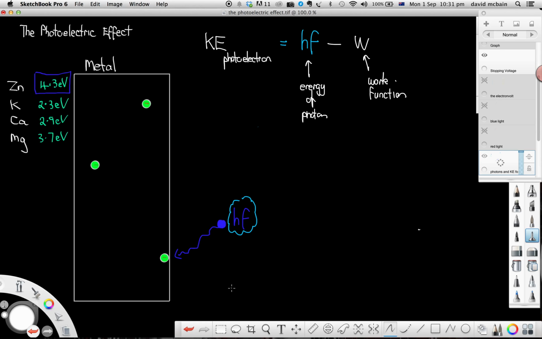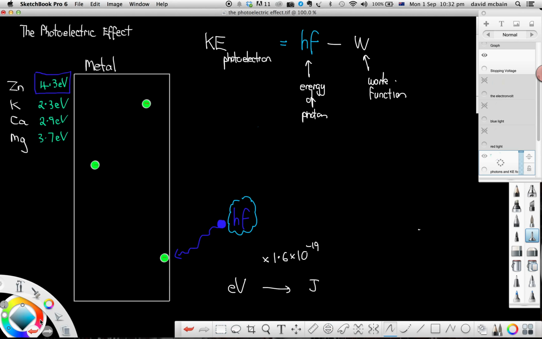By the way, let's just make sure we know how to do that conversion. To convert electron volts to joules, you will simply multiply by 1.6 times 10 to the negative 19. To go back the other way, of course, you would divide.